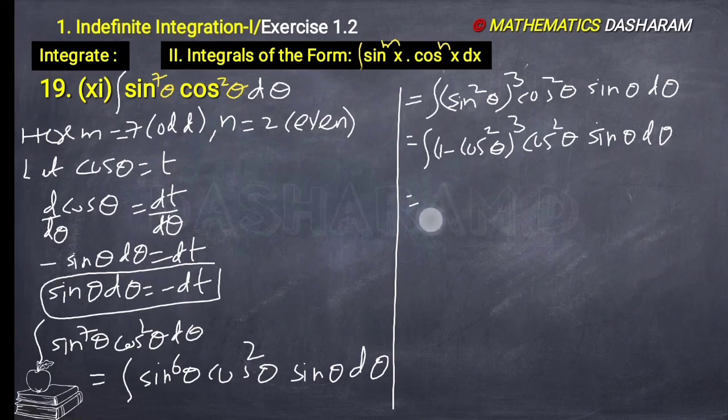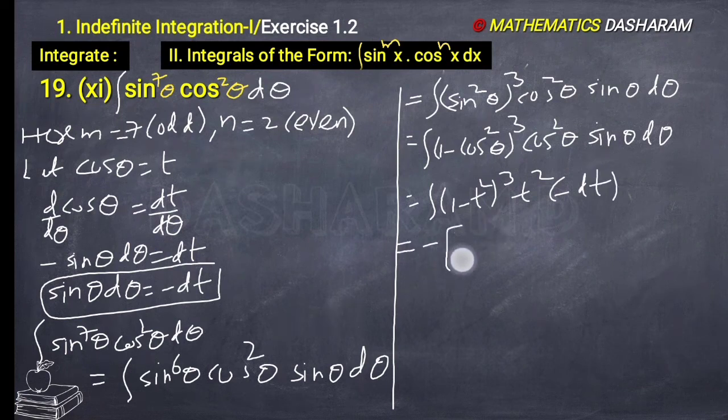Now substitute the values. So 1 minus t square whole cube into t square, and sin theta d theta equals minus dt. So here minus integration.